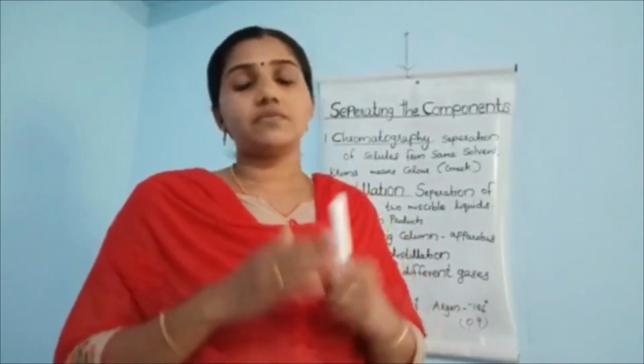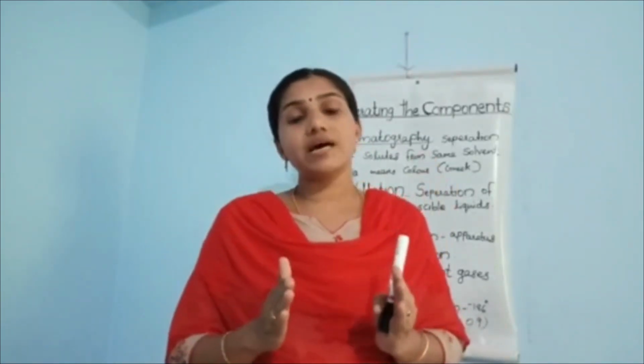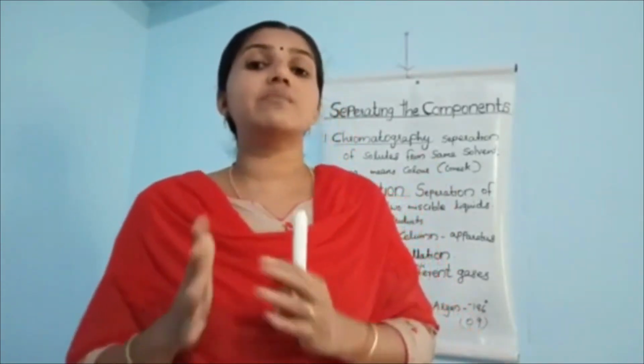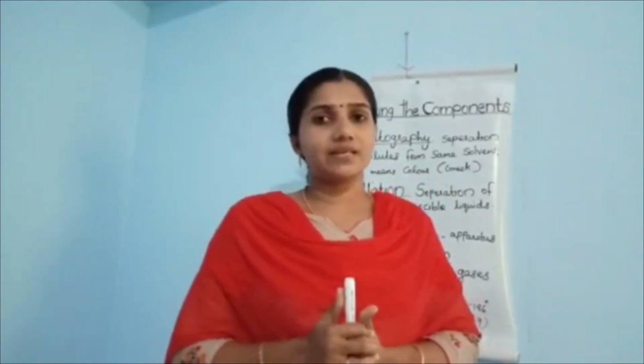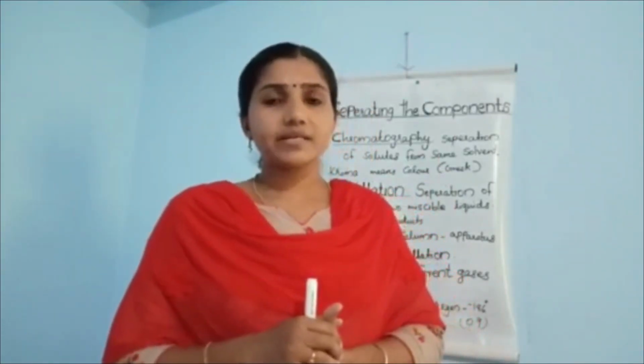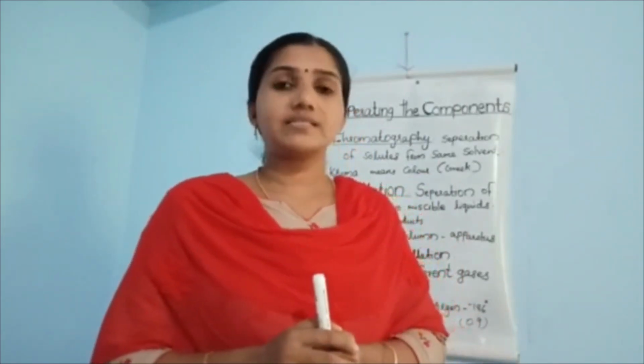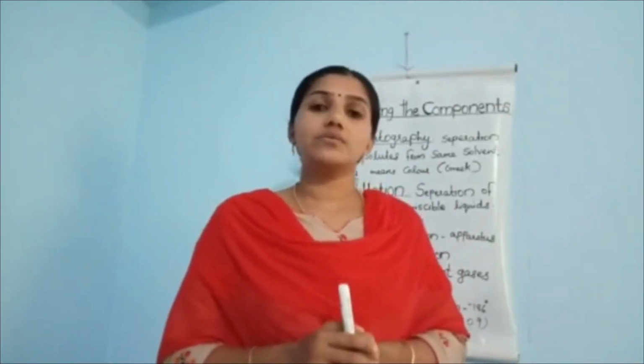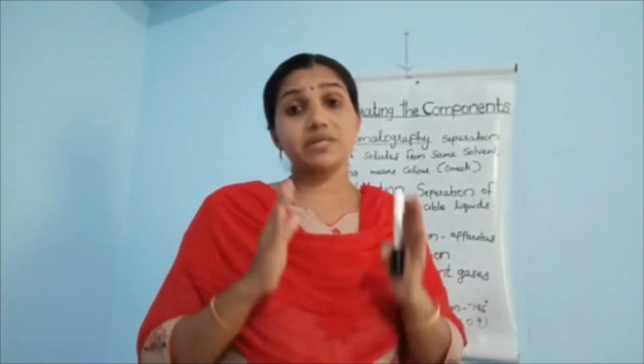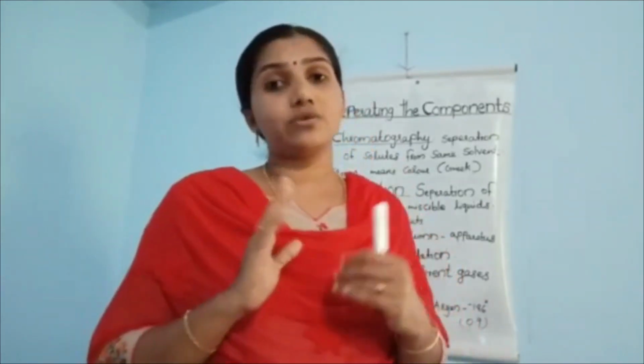That means different solutes are dissolved in the same solvent. Where is it dissolved? In the water. So we need to separate these colors from that ink. That separation method is known as chromatography.